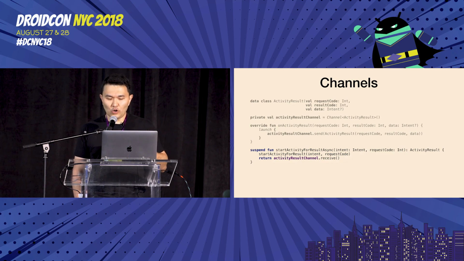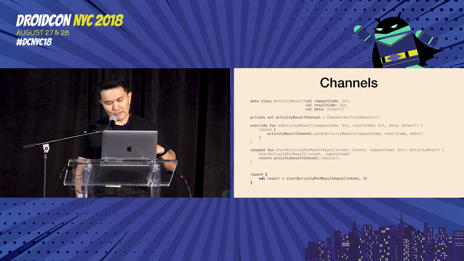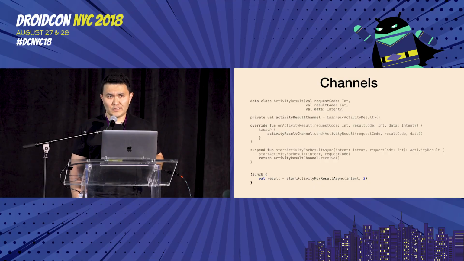So when I'm calling the start activity for result async, I'm going to wait on the channel to give me back the data. Here's how I would call this. Start activity for result async, I provide the request code and intent. This is not the complete example, since we would need to filter by the result code and so on, but conceptually you can use the channel in order to perform things like this.